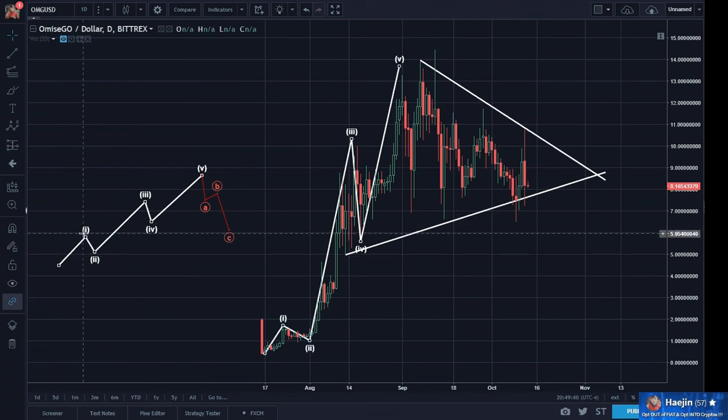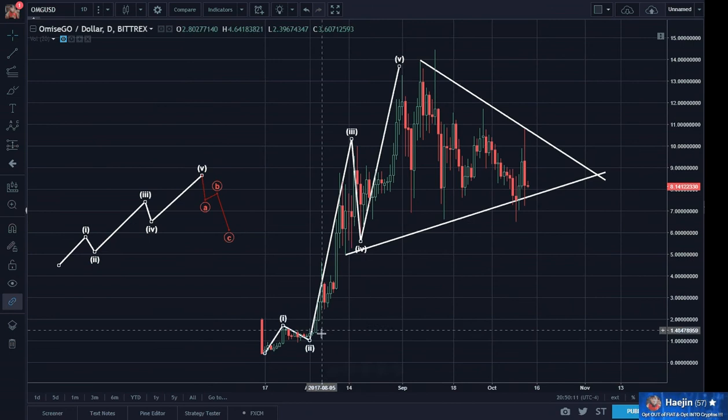And waves 1 and 2 have a rule where the lowest point of wave 2 cannot equal or exceed the lowest point of wave 1, just like you see here. Wave 3 cannot be the shortest amongst the 5. The bottom of wave 4 cannot overlap with the peak of wave 1. And wave 5 simply must have 5 subwaves itself.